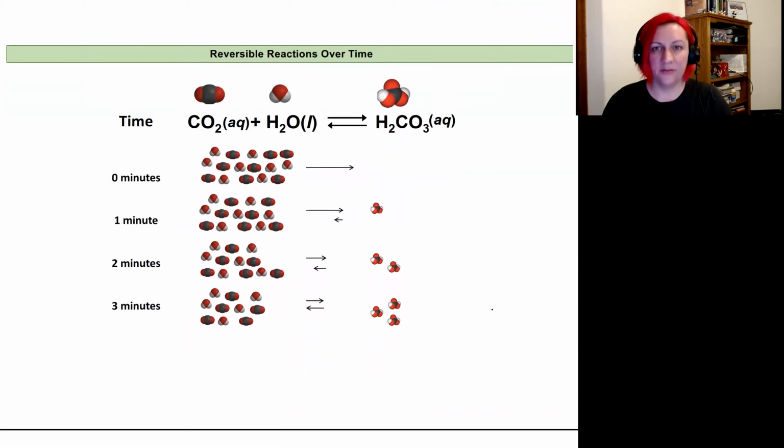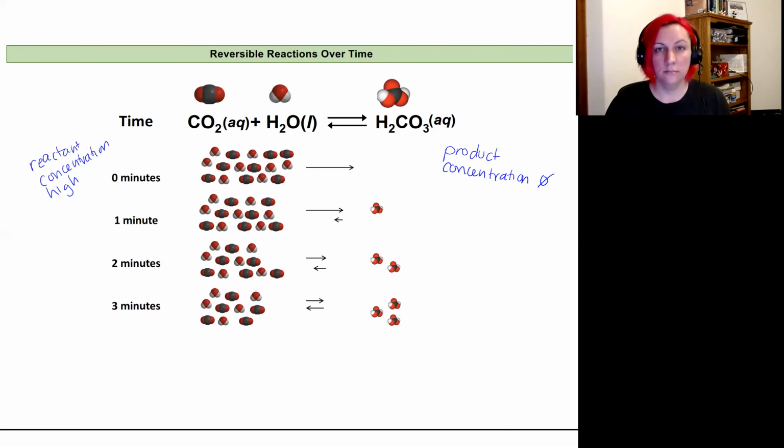So let's kind of look at this over time. So this helps me. Let's take this reaction. We have carbon dioxide and water combining to form carbonic acid. Now, as these reactants start colliding in the right orientation with the right amount of energy, they'll form something new. They'll form a product. They'll form carbonic acid.